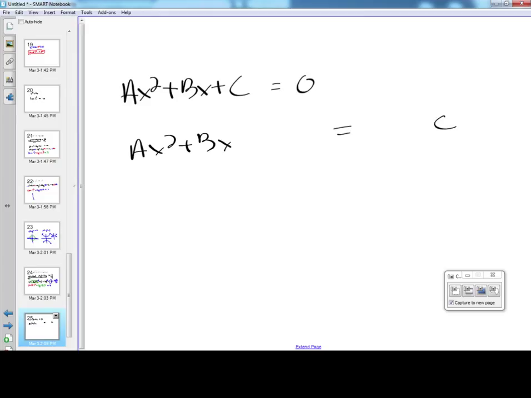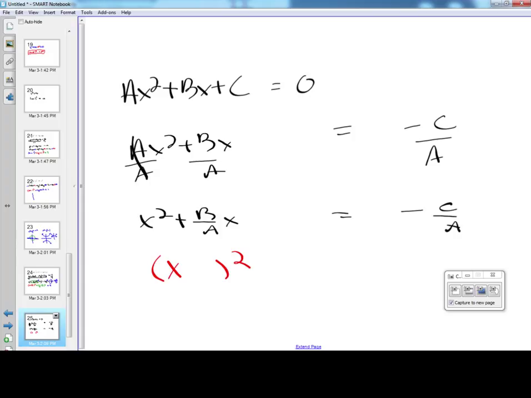So it becomes a negative c. I don't want a here because it's nice when I just go x, the square root of x squared. So I'm going to divide everything by a. This gives me x squared plus b over a x equals negative c over a. Here's where we complete our square.